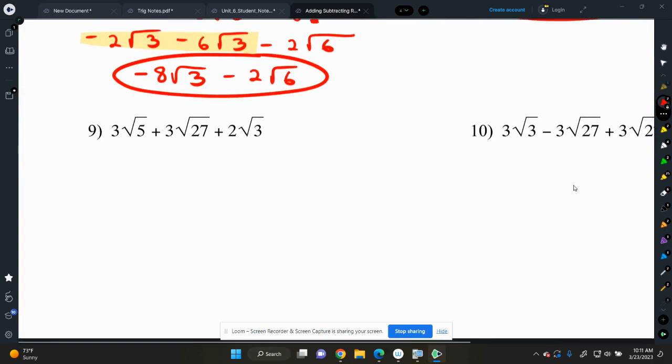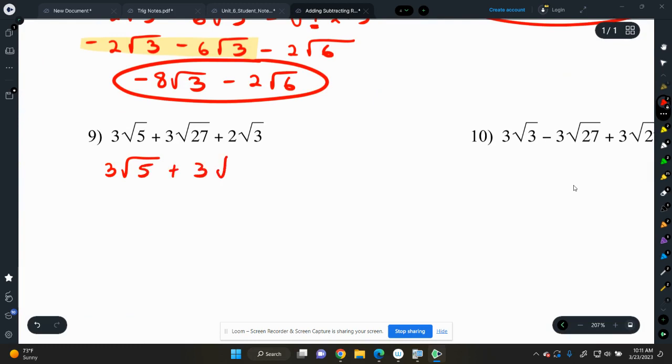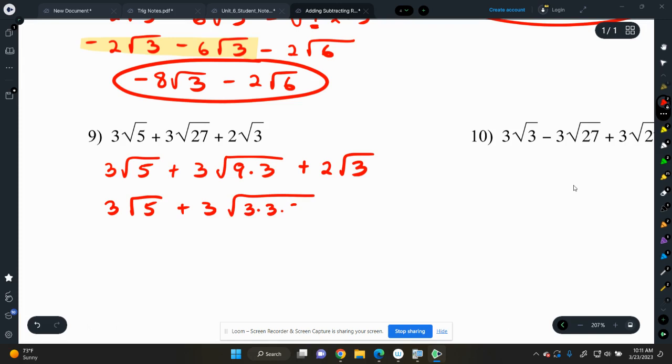Okay, Hunter, how about number 9? I did the 27 with 9 and 3. Good. Oh, I'm so proud of you guys. You're doing great. 9 times 3. Okay. And then the 9 with 3 and 3. Good. Okay. And then what? Bring that pair outside.